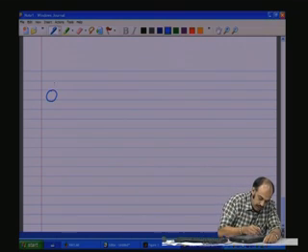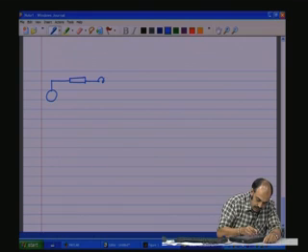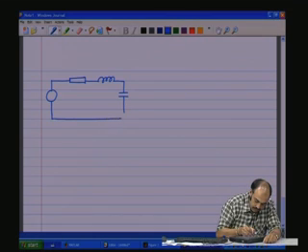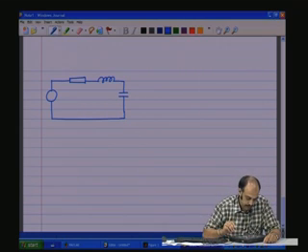So, you have the R, L and C. All these are combined together.